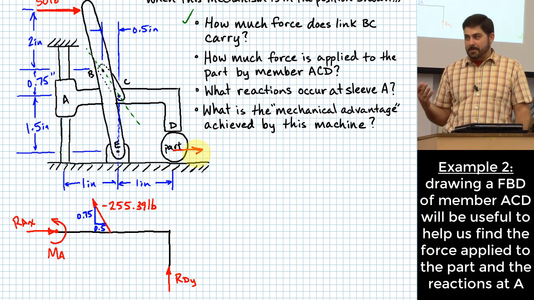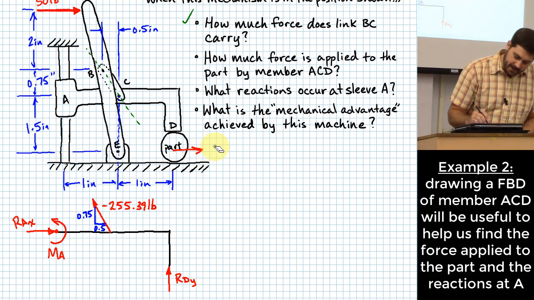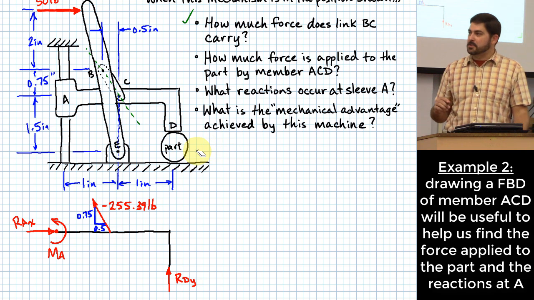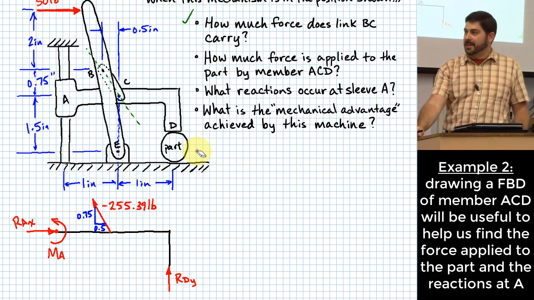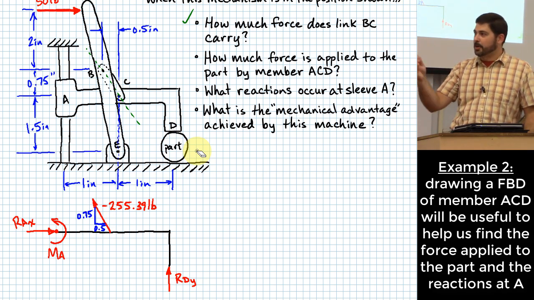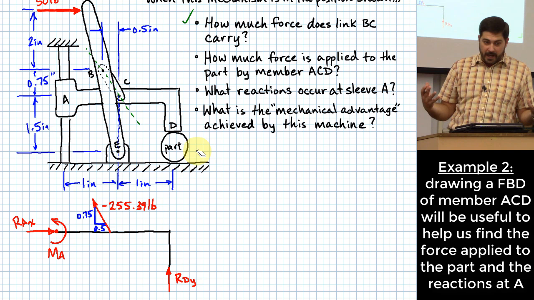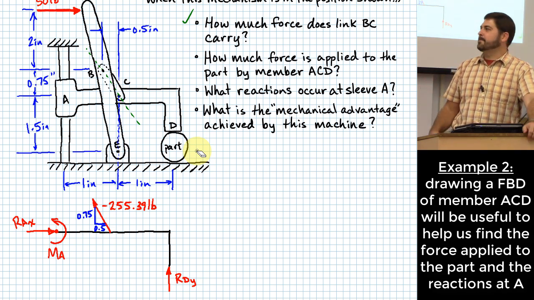Okay? It might have another force that we have to think about in terms of acting on joint D. But if I didn't tell you that, that's not something you should just randomly assume for the purpose of solving these homework problems. You shouldn't just say, well, there could be another force acting there, and I'll make up a number and start putting it in there. How did I not get the answer that was on the answer key? I don't know, right?